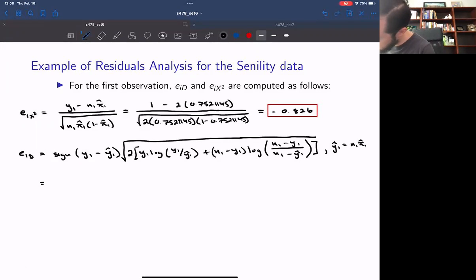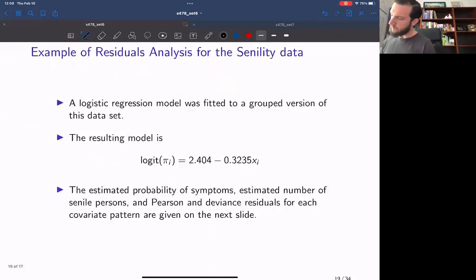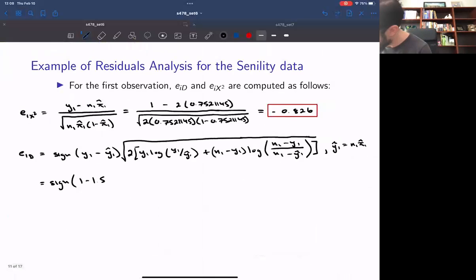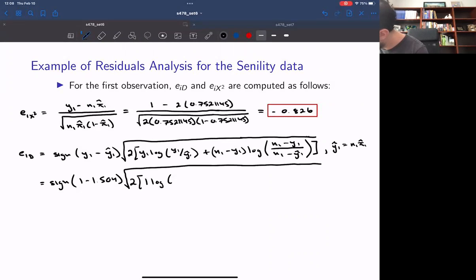Okay, so then this thing is going to be the sign of 1 minus 1.5, and I'll just round a little bit to save space, 1.504, multiplied by the square root of 2 times 1 log 1 divided by 1.504, plus 2 minus 1 log of 2 minus 1 divided by 2 minus 1.504.